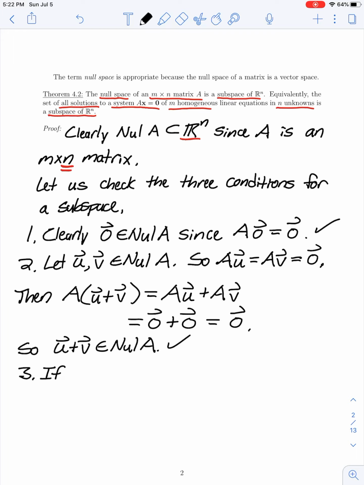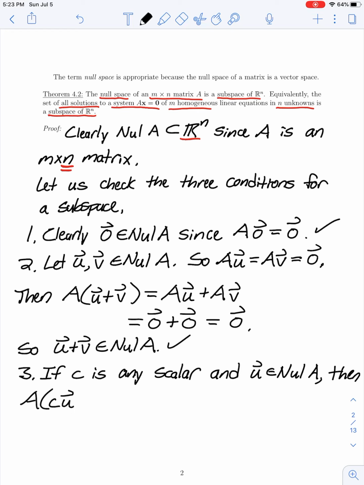So here, if C is any scalar and U is some vector in the null space of A, then let's look at whether C times U is in the null space of A. Taking A times the vector C times U, this is equivalent to C times the product of A with U. This is a property of matrix multiplication, the commutativity of multiplication by constants or scalars.